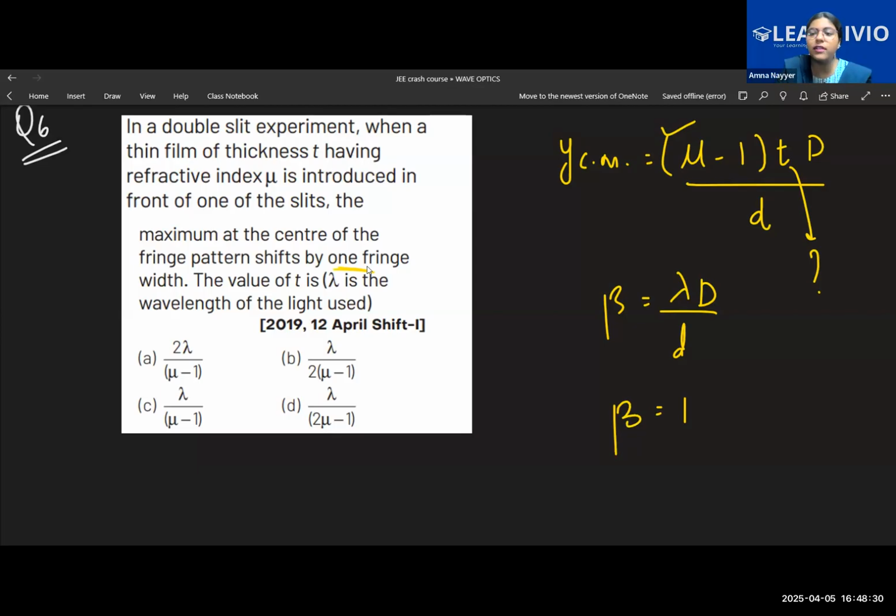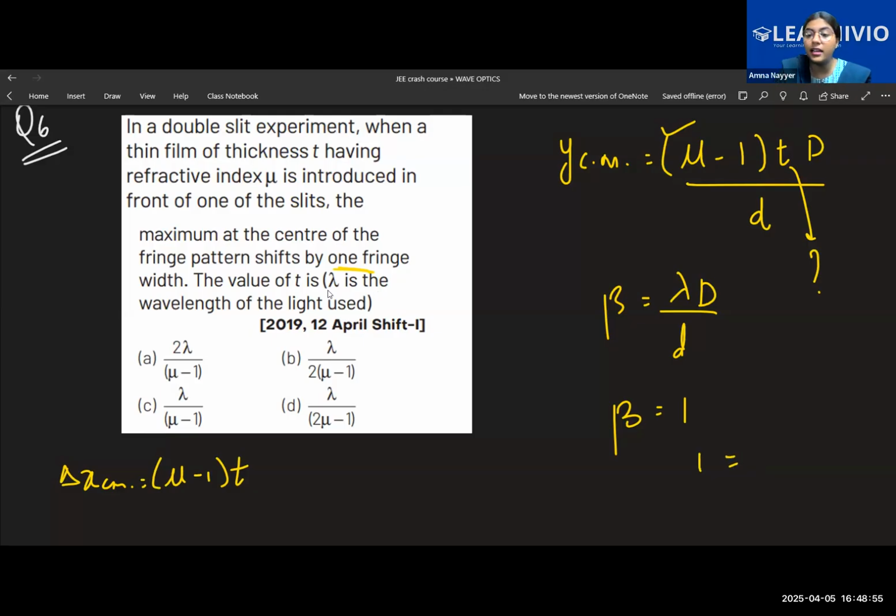You have to tell what's the value of t used. From here, Y_CM is not given at the center, so we can directly use the formula delta X also. Delta X_CM is (mu minus 1) into t. So what is delta X_CM given? How much has the path shifted? That is 1, so you can simply put this as 1, which is lambda.